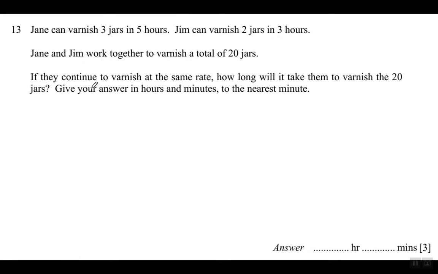Okay, Jane can varnish 3 jars in 5 hours. Jim can varnish 2 jars in 3 hours. Working together. So Jane can varnish 3 over 5 jars in 1 hour. Jim can varnish 2 over 3 jars in 1 hour.